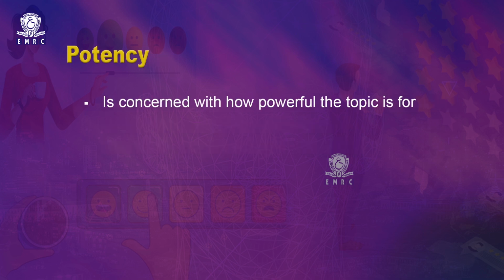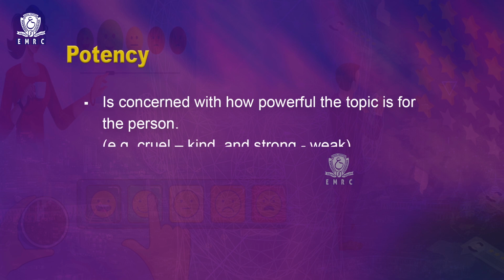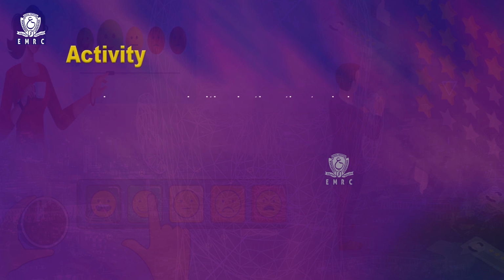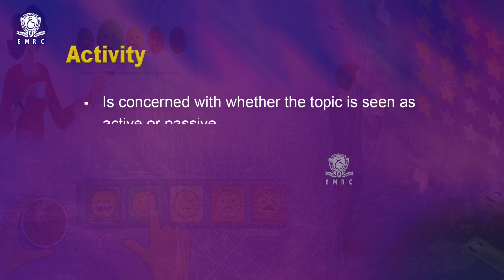Potency is concerned with how powerful the topic is for the person, for example, cruel or kind, strong, weak; the intensity is what matters here. The third is activity, which is concerned with whether the topic is seen as active or passive. For example, we can directly use active, passive.